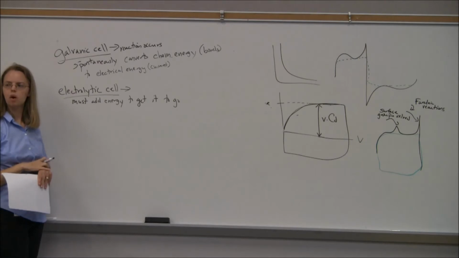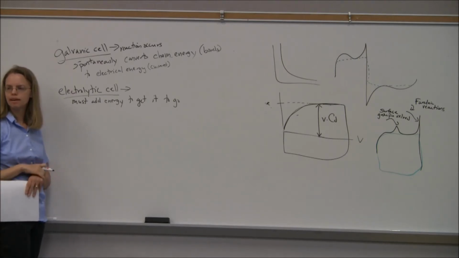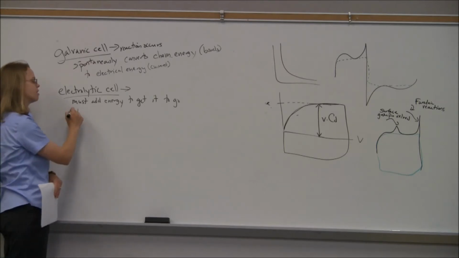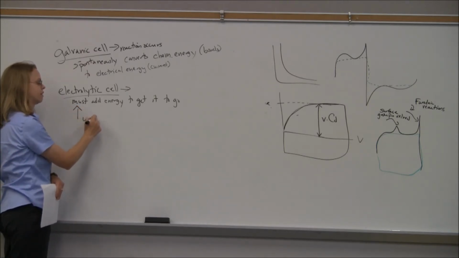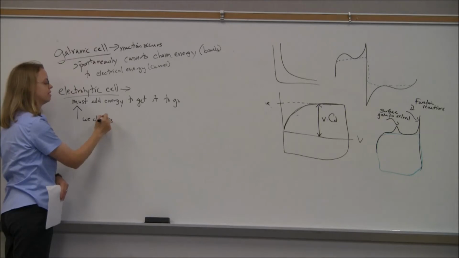So when we look at dopamine, let's say in the brain, what kind of cell do we have? A galvanic cell or an electrolytic cell? If I just plop an electrode into the brain, am I going to see anything? No, right? I've got to add energy, i.e. I have to change the potential to get it to go. So everything we do in our lab is electrolytic cells.